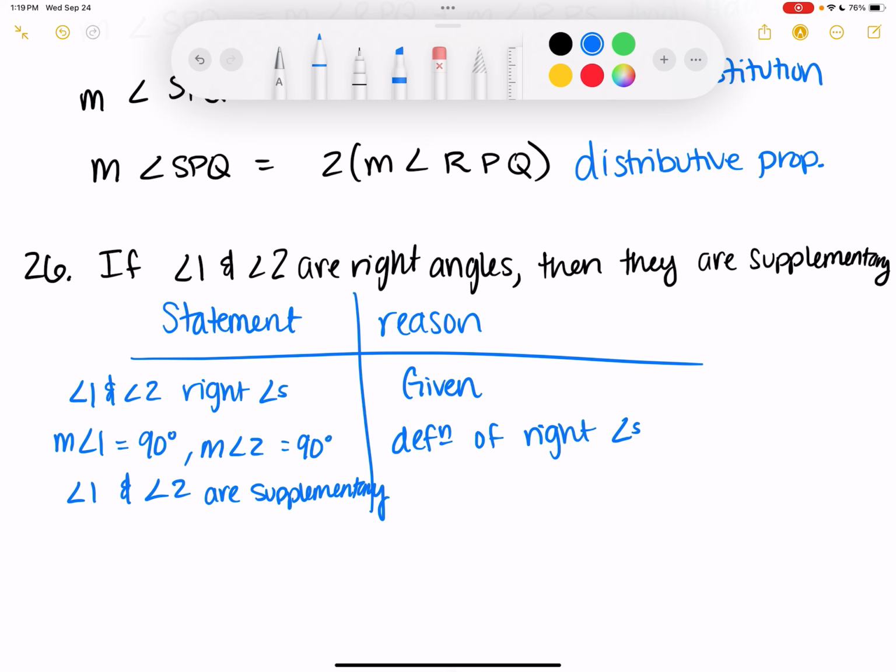Why? Which is the definition of supplementary angles.